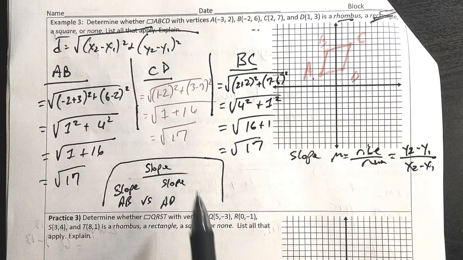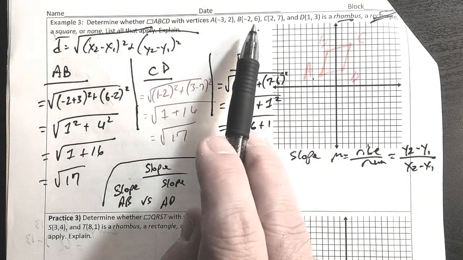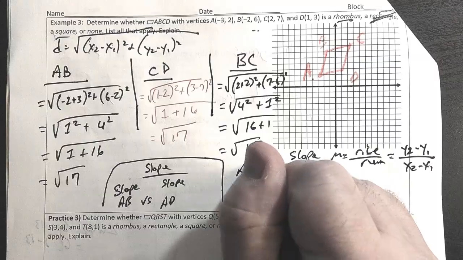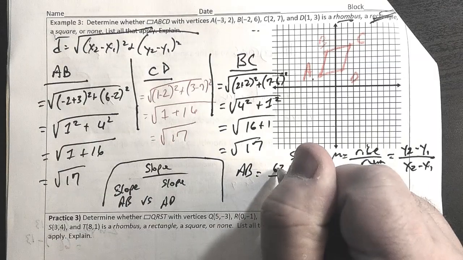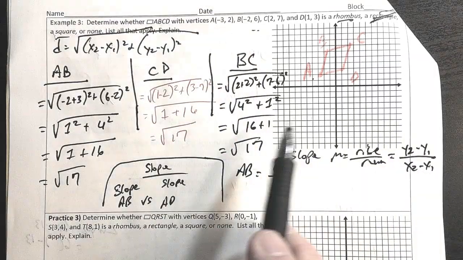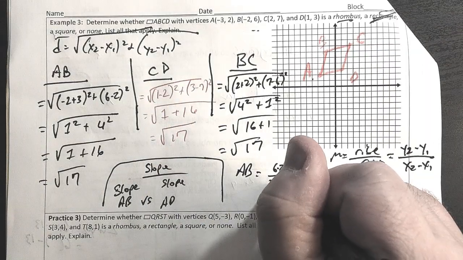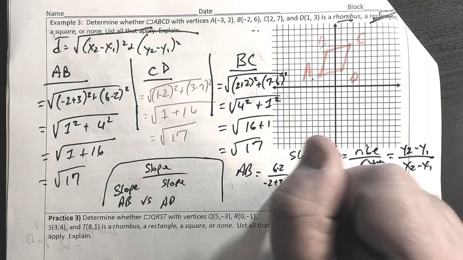So AB is just going to be like it was before. So your y's are 6 minus 2. So AB, 6 minus 2, because that's your y's. And on bottom, -2 minus -3 or -2 plus 3.